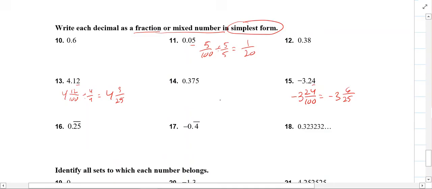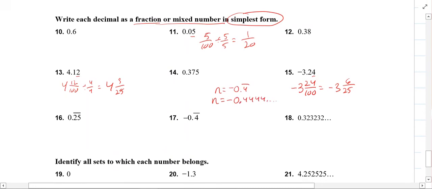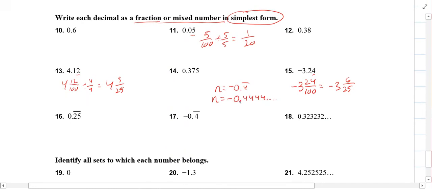But here I go. I'm going to declare that n is equal to negative 0.4 repeating. And I'm going to write it in a new way. Okay? And then I want to move this decimal point right here past the repeating bar.